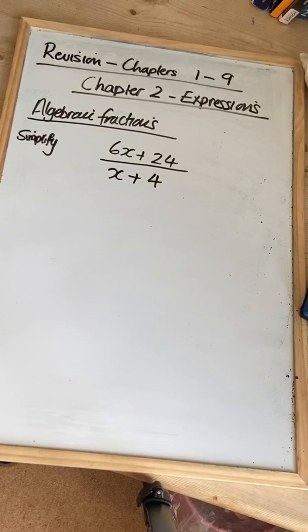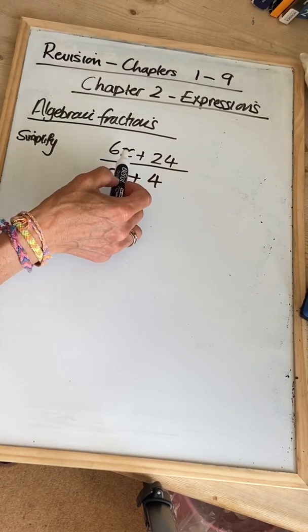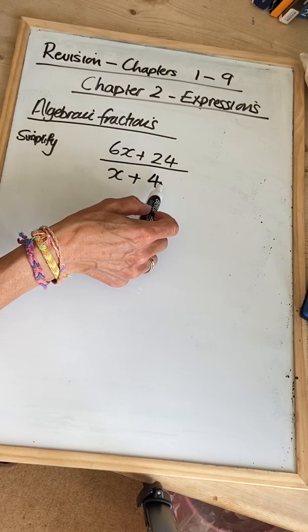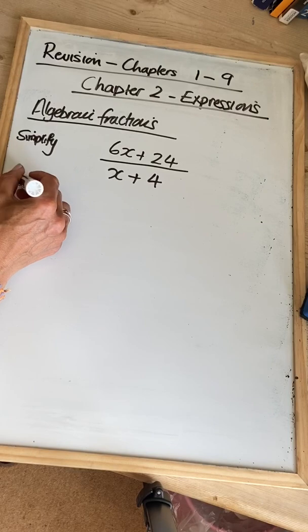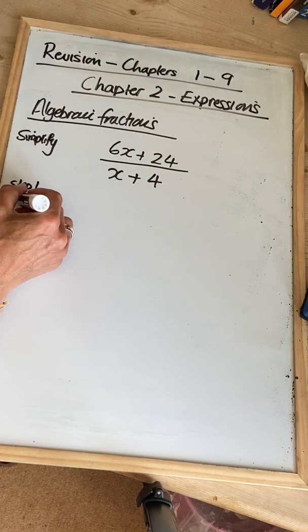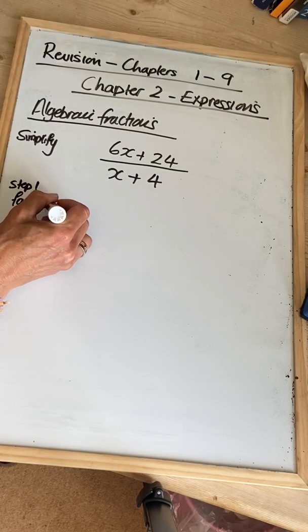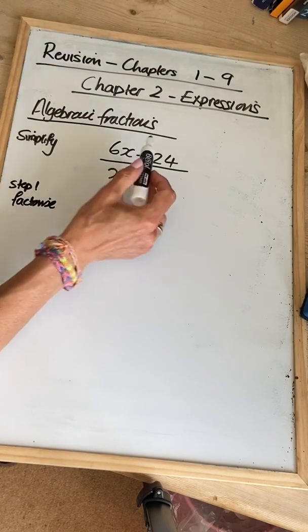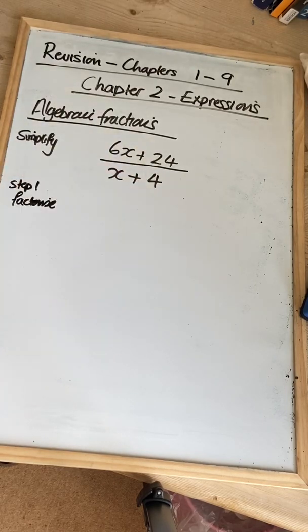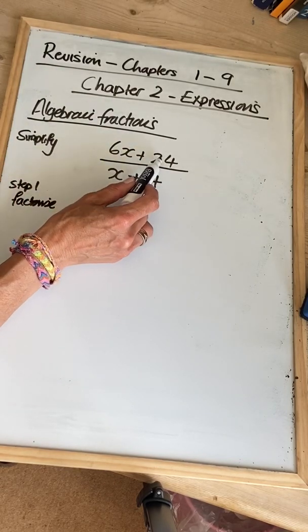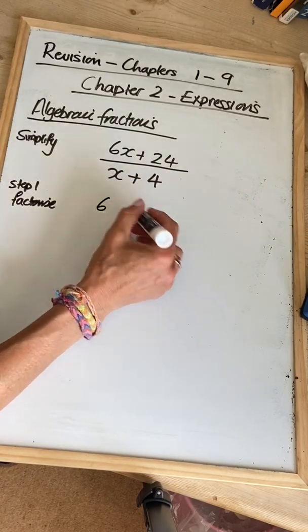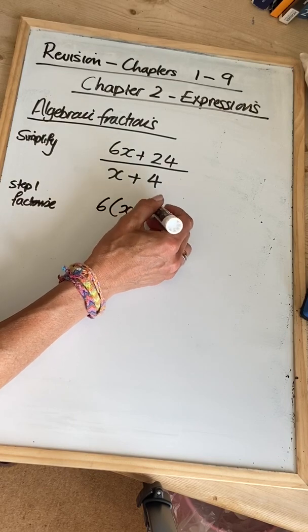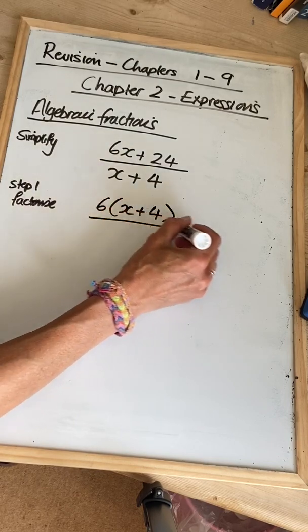So here I've got 6x plus 24 over x plus 4. Step 1, I'm going to factorise anything that can be factorised. On the top here, both 6 and 24 are in the 6 times table, so I'm going to put a 6 outside a bracket, x plus 4 inside the bracket.